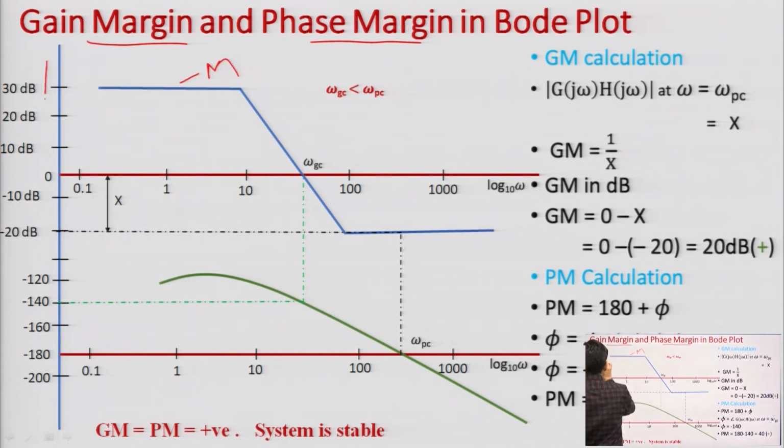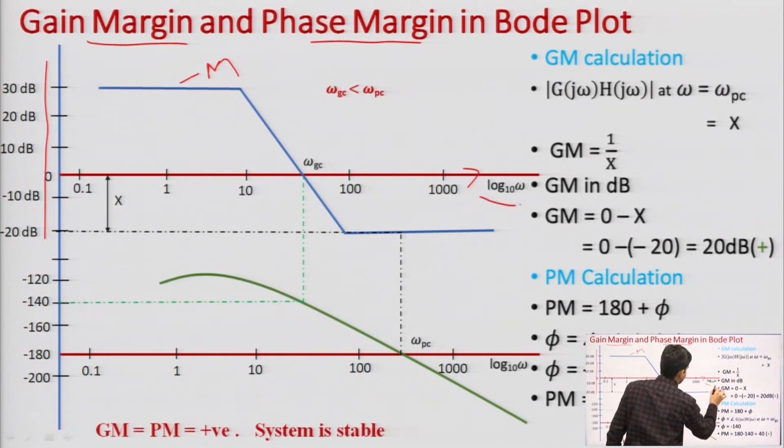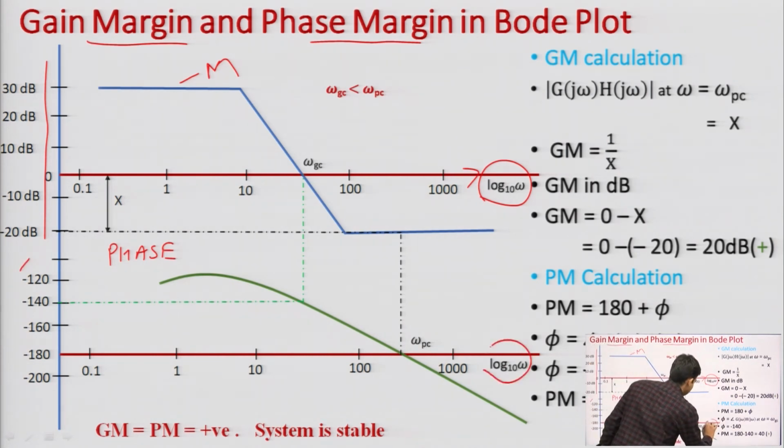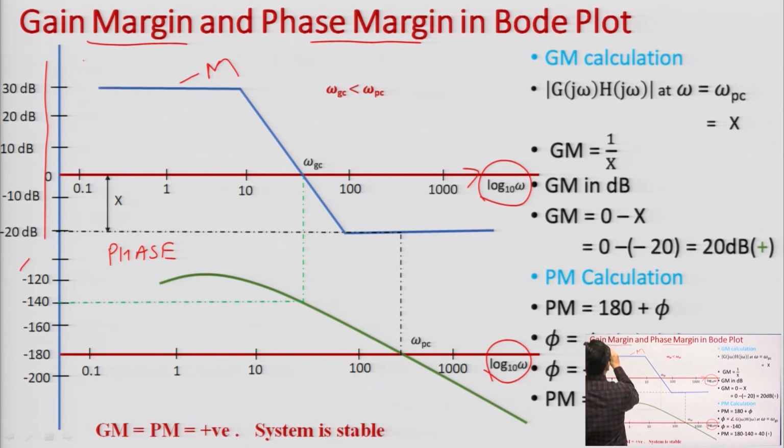Here I am plotting magnitude, and in the x axis I am plotting frequency, log 10 of omega. Then second is my phase plot, where I am plotting the various angles with respect to frequency log of 10 omega, and this is my magnitude plot.